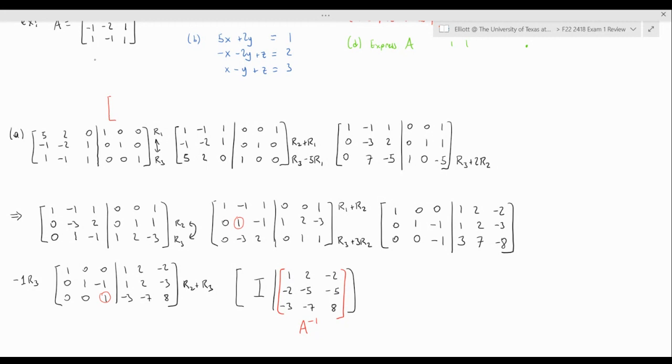So if you swap row 1 and 3 of the identity matrix, that gets you the corresponding elementary matrix, okay? Okay. Now for the notation, I don't think it really matters, but if I were to give this a notation, I might do something like P13, okay?